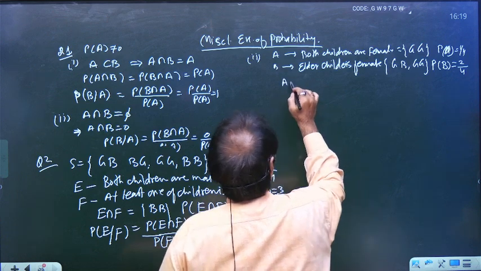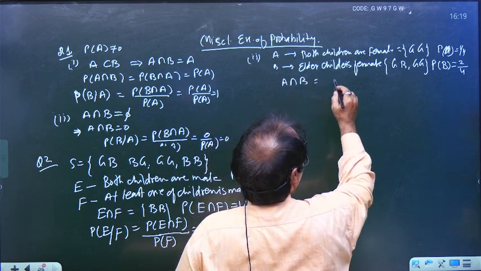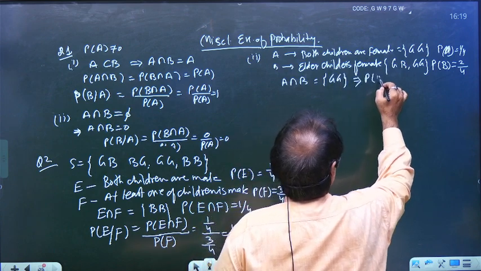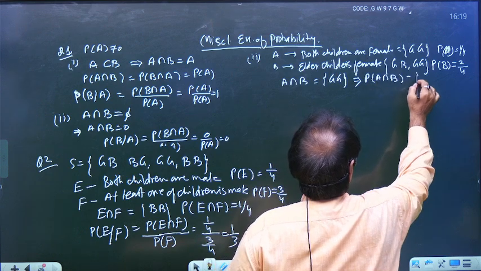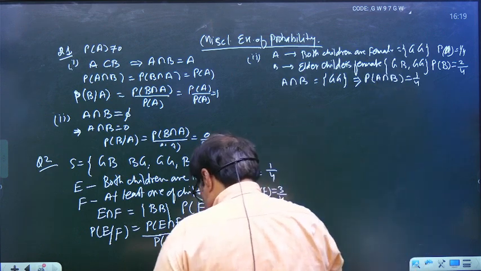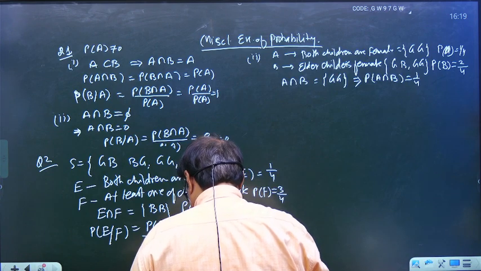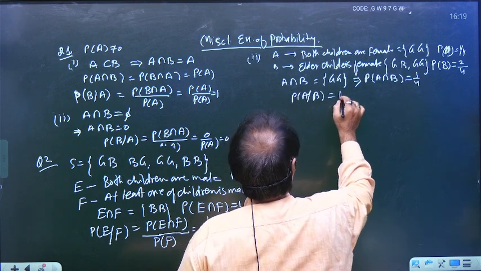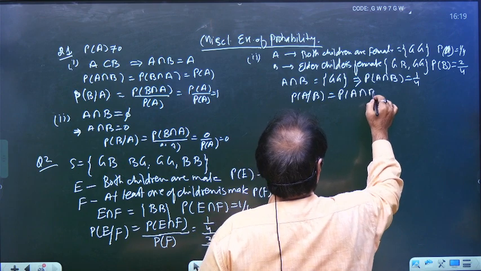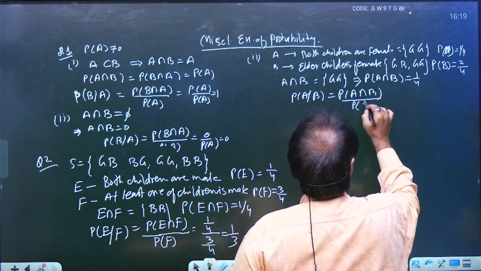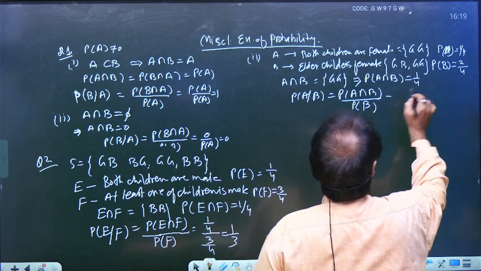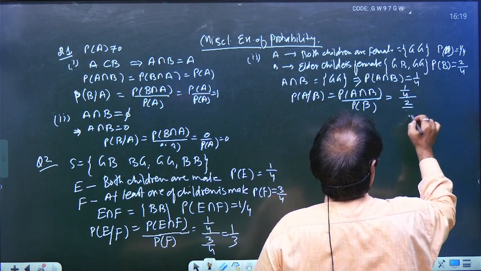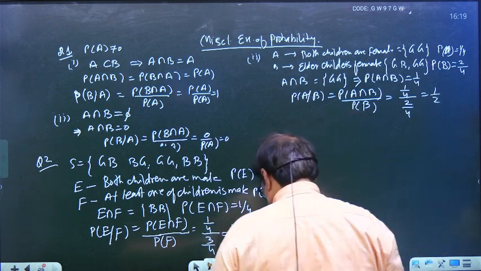Then A intersection B is equal to GG, so probability of A intersection B is equal to 1 by 4. Now again we have to find probability of A by B, which is probability of A intersection B upon probability of B. A intersection B is 1 by 4 and probability of B is 2 by 4. So it is 1 by 2.